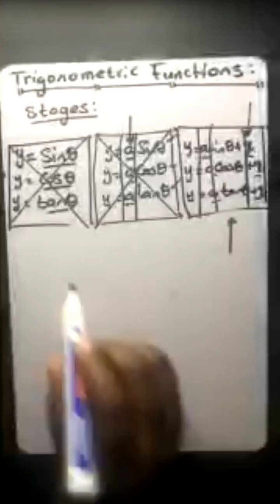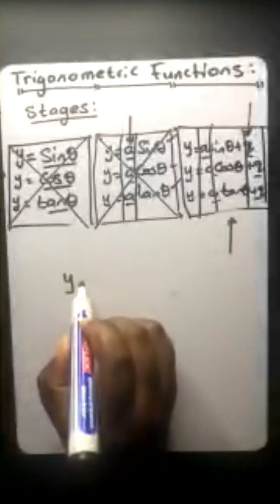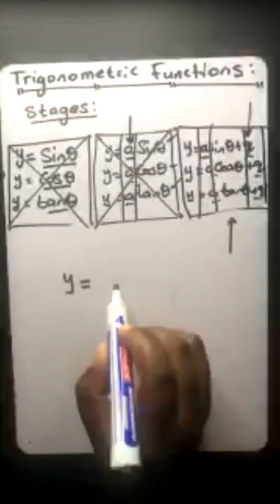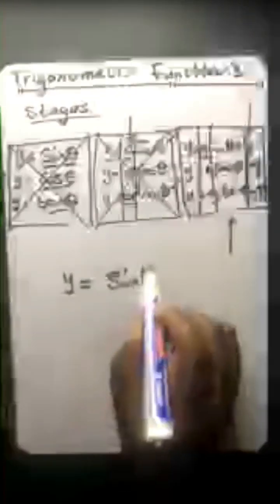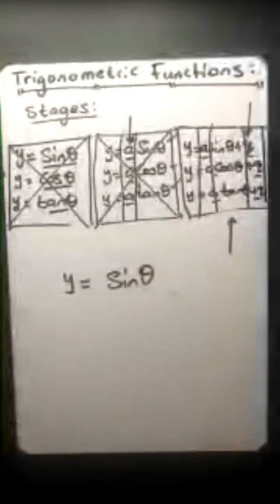What do I mean by that? When I have y equals to, let's say, sine of an angle, can anyone tell what is the a value and what is the q value?